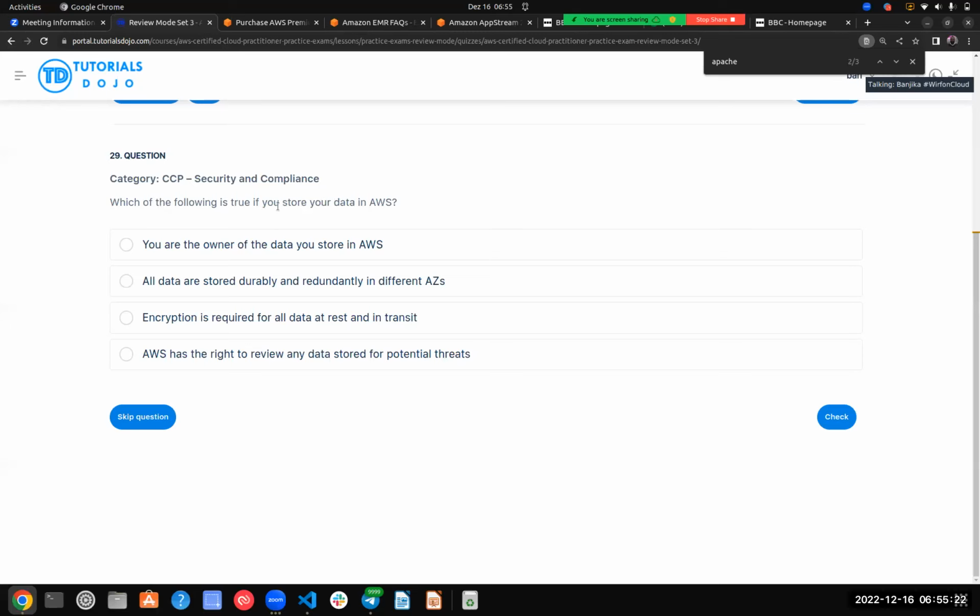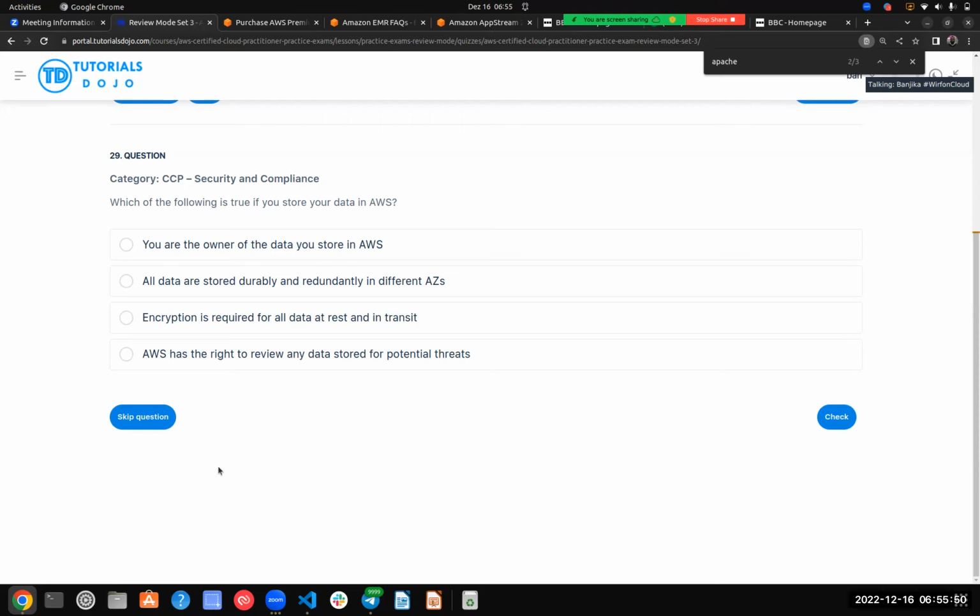Which of the following is true if you store your data in AWS? When you store your data in AWS, what is true? A, you are the owner of the data you store in AWS. Okay.